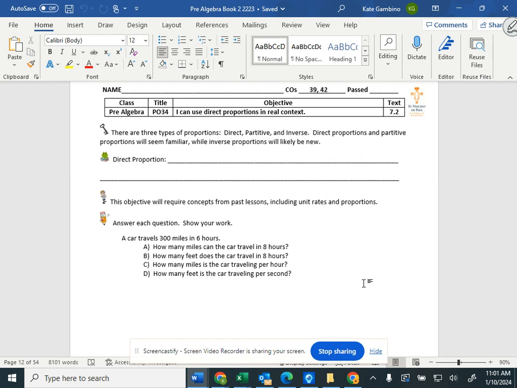Direct proportions and partitive proportions will seem familiar, while inverse proportions will likely be new. So we're going to see what they all mean.